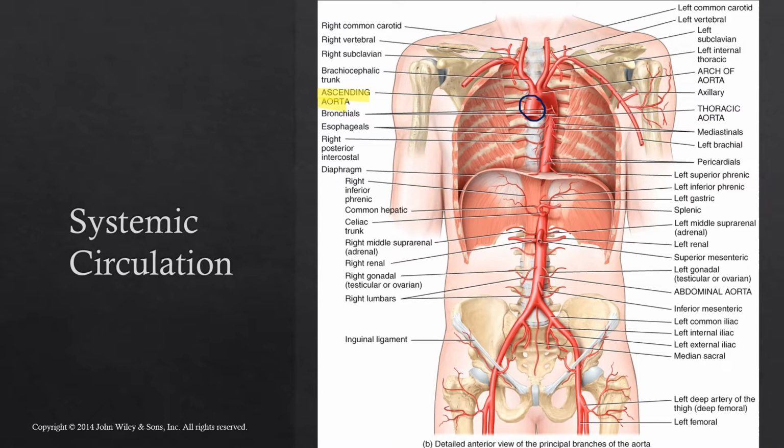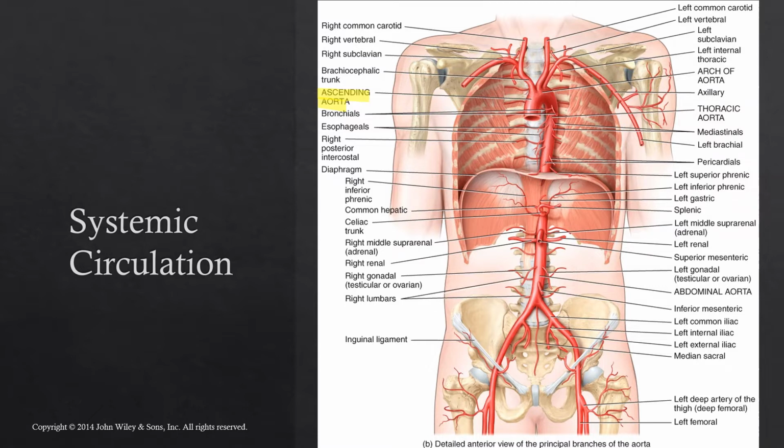And the ascending aorta actually gives off 2 coronary arteries that supply the myocardium of the heart. Those 2 coronary arteries are not present here on this diagram, but know that they come off of the ascending aorta.